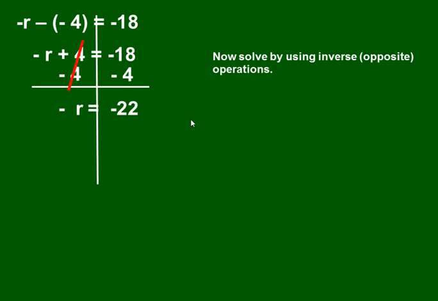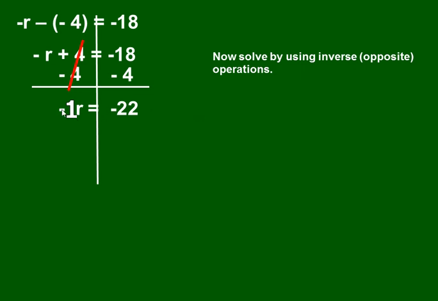It kind of looks like we have r by itself, but you'll notice there is a negative right here in front of r. Our variable must be positive. It cannot have a negative sign in front of it. Otherwise, we have not finished solving. Therefore, there is a number right here in front of r that we don't see, and it is a 1. This is negative 1 times r.